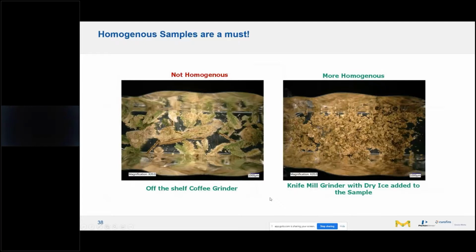Grinder, not all grinders are the same. We really want a homogeneous sample, and we all know in the real world that could be a difficult, or I should say challenging event. So we found this grinder to be very successful in providing us that homogeneous sample.